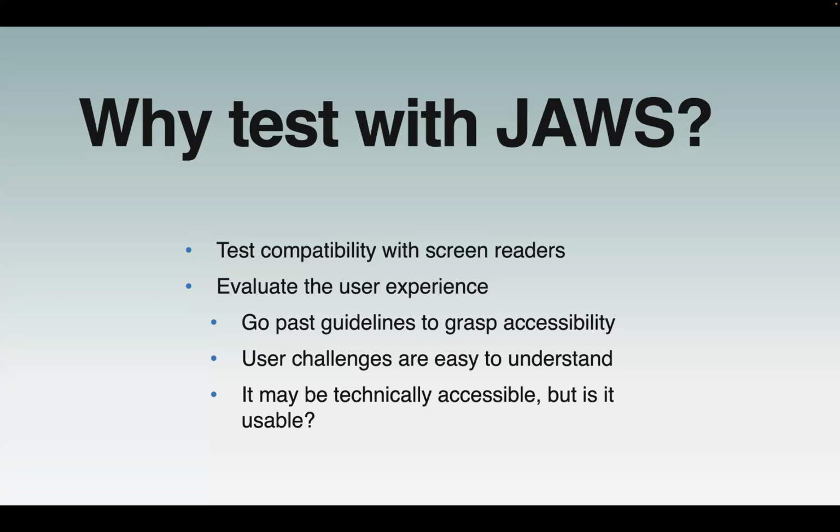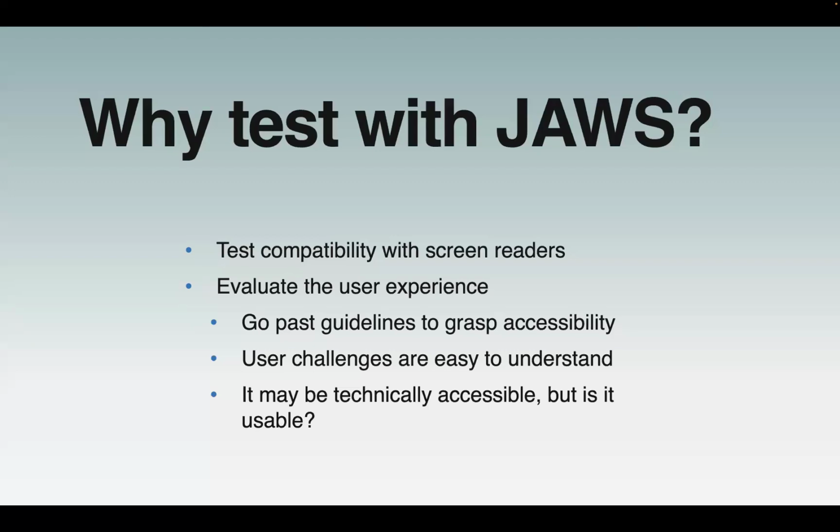User challenges are easy to understand with assistive technology. So it's a little bit more difficult if you're new to accessibility and you just come from the point of view of guidelines or Section 508 or something similar to actually understand what's the underlying issue. What are the problems that users face?